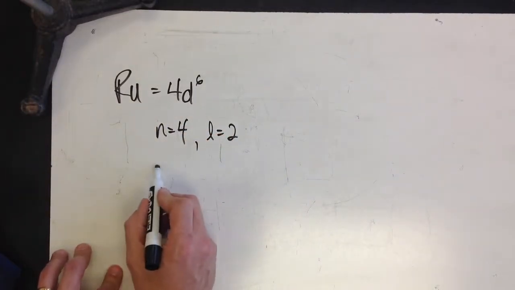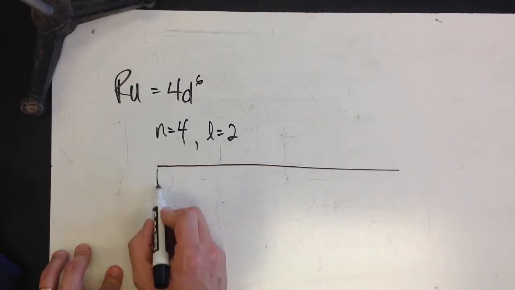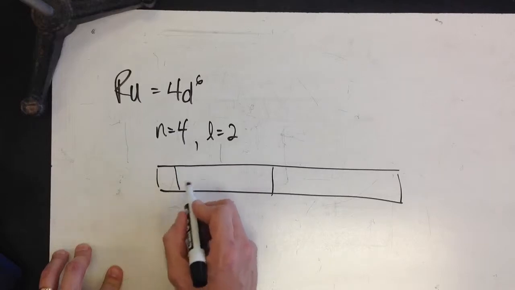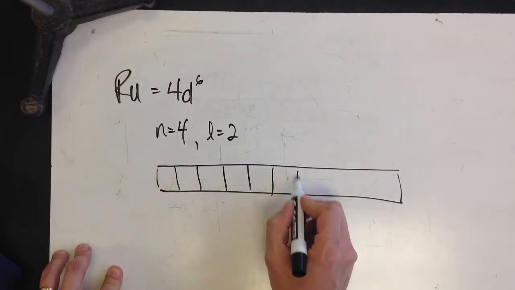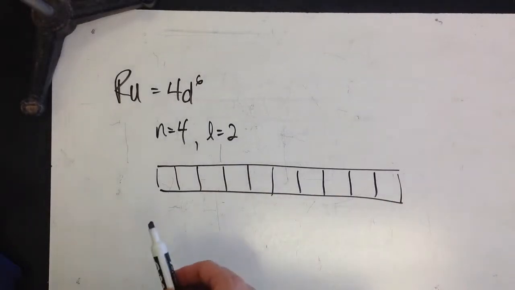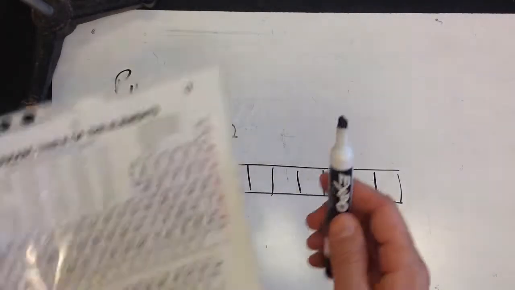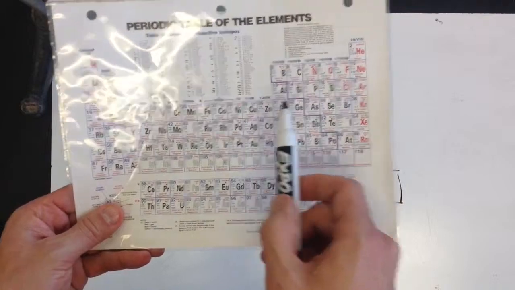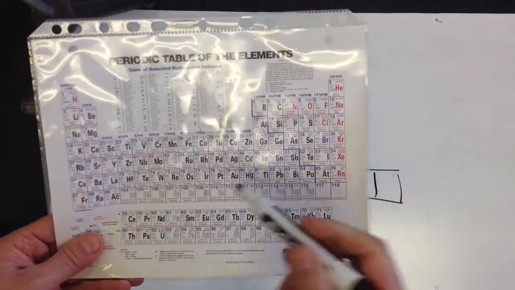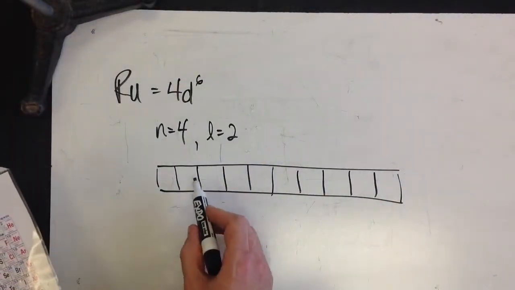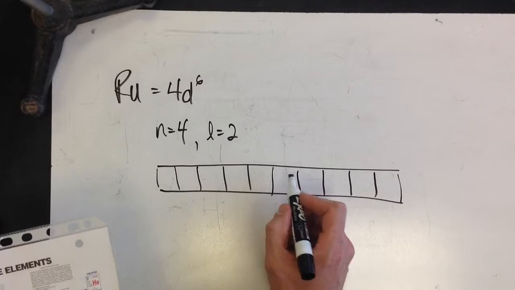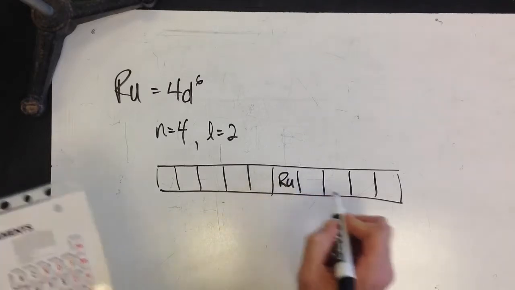For example, if we just kind of draw out the row here for a second, I know that there are 10 possible spots in that row. And again, if we look at that row, it could be from scandium all the way up to zinc. Or sorry, yttrium all the way up to indium. So we can see that 1, 2, 3, 4, 5, 6, ruthenium falls right there. Okay?